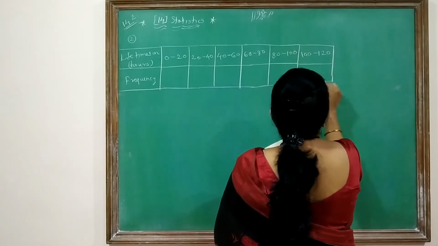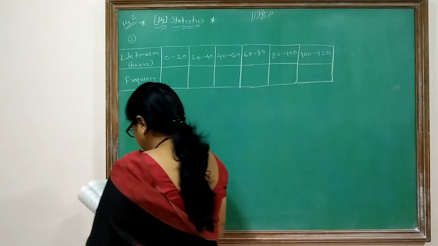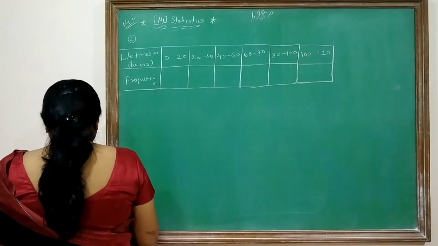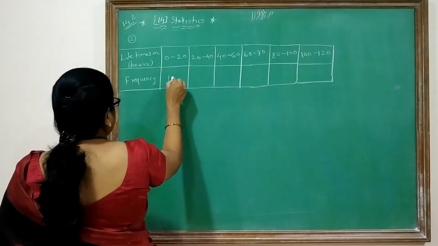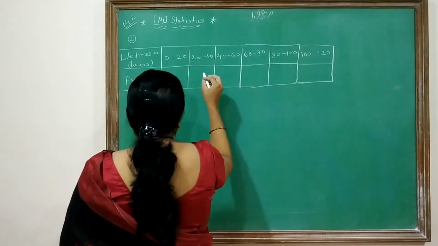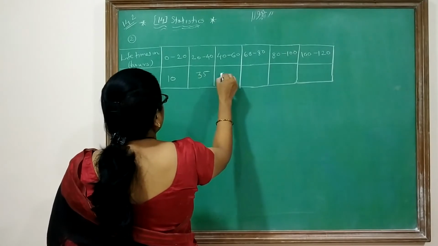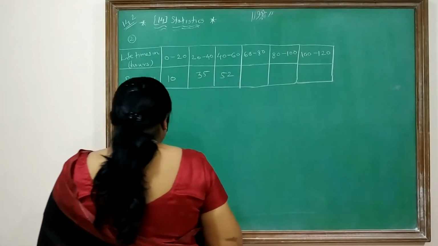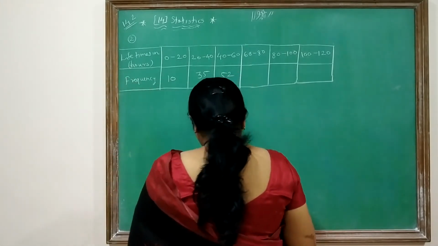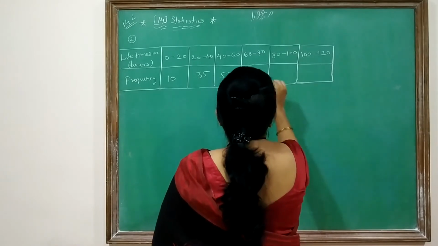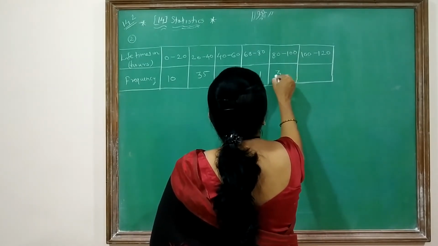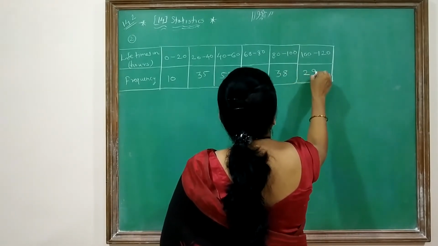Then write its frequencies. The frequencies are 10, 35, 52, 61, 38, and 29.